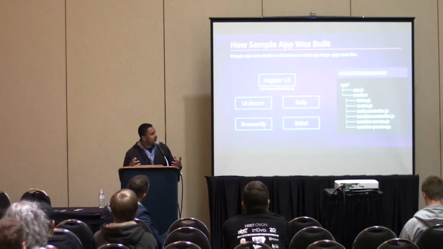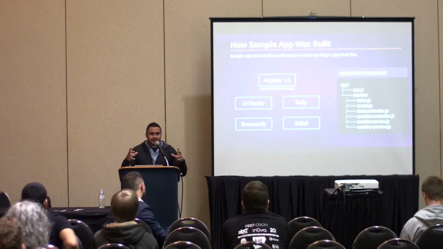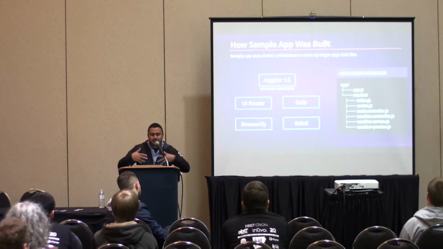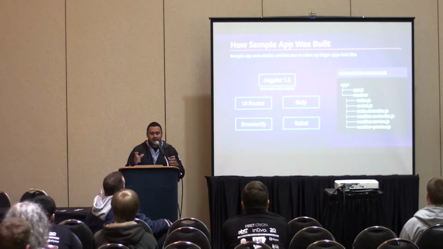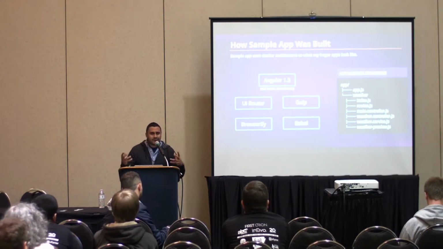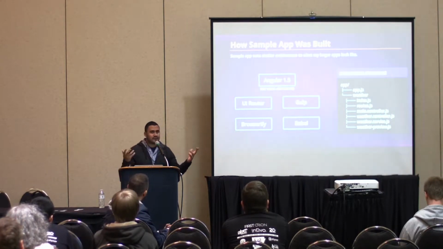We have an app directory on there. In the app directory, we have an app.js. App.js is basically what bootstraps our Angular 1 file. It kind of brings it all together. Then we have a weather directory. And in that directory is where we set things up, anything and everything that's related to weather, which is what this app is about.